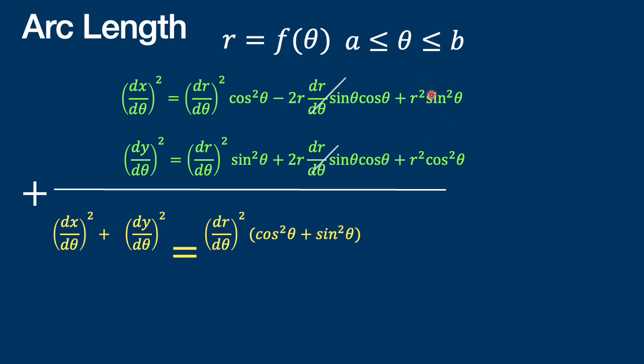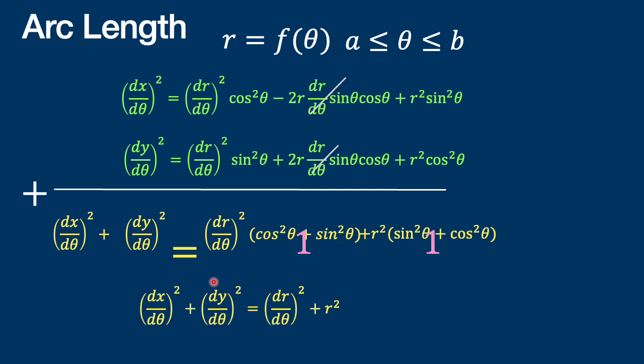Here is r² sin²θ + r² cos²θ. r² is a common factor: sin²θ + cos²θ, and sin²θ + cos²θ is 1. So you have (dx/dθ)² + (dy/dθ)² equals (dr/dθ)² + r².